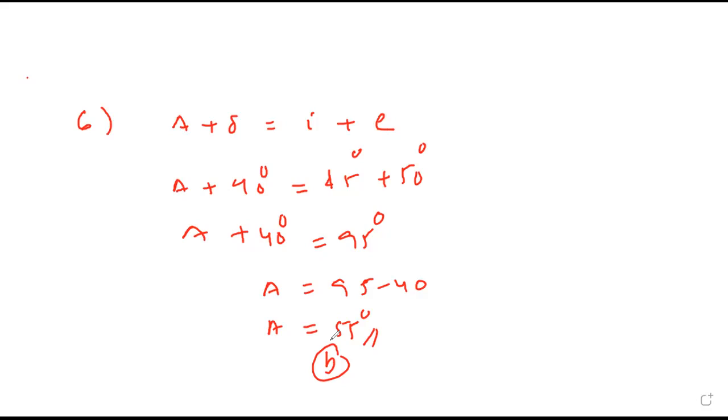In an equilateral glass prism, for two angles of incidence differing by 10 degrees. So the difference between I and E is 10 degrees. Two angles of incidence means one is I, the other is E, differing by 10 degrees. If the angle of deviation delta is found to be 40 degrees, find these angles of incidence.